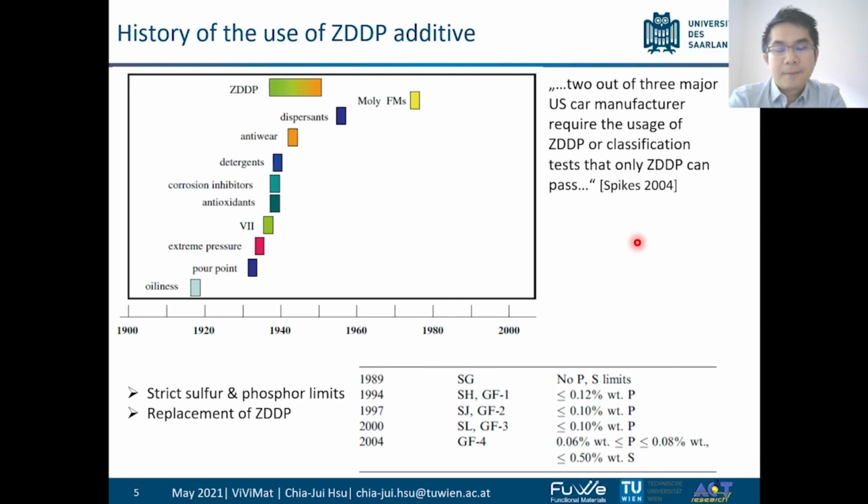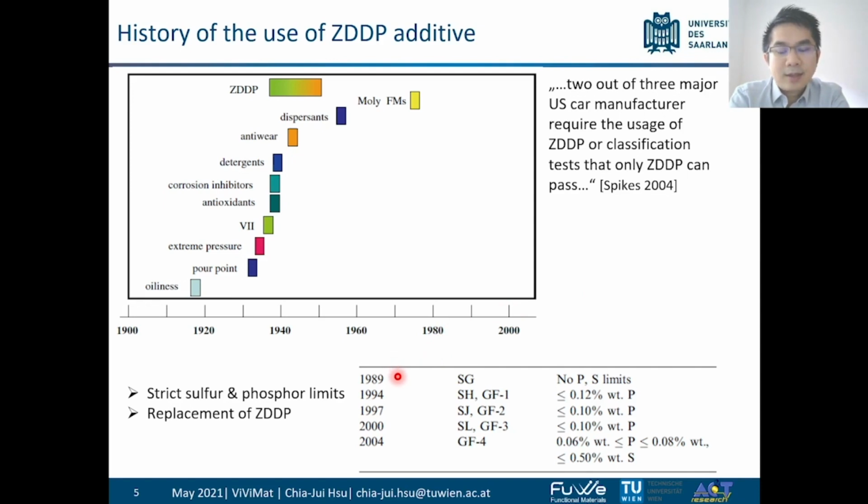And one of the most important features is that the price is lower than other products. As we know, ZDDP is very powerful and very commonly used, but nowadays we have to reduce the use of it, because of environmental friendliness issues and sustainability.